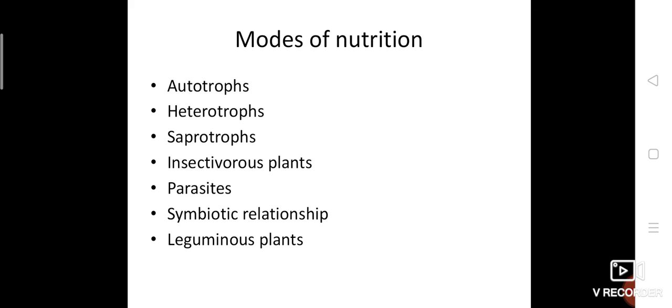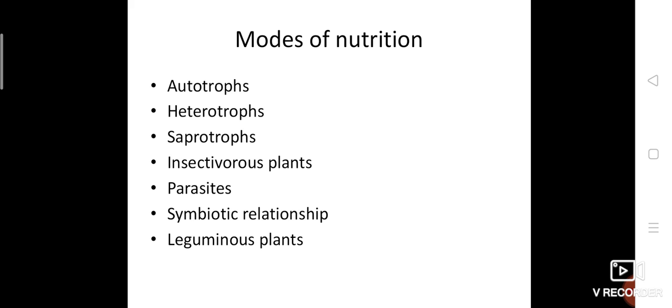So autotrophs means food preparation by themselves. They are autotrophs, plants. Because plants have chlorophyll pigment, they can easily trap the sunlight, so they can prepare their food. What about heterotrophs? Hetero means different. Trophs means preparing. So they get food from different sources. They are heterotrophs, like human beings, animals.